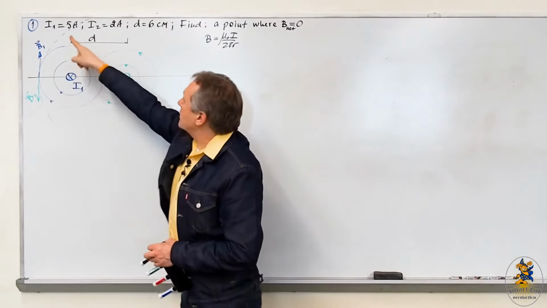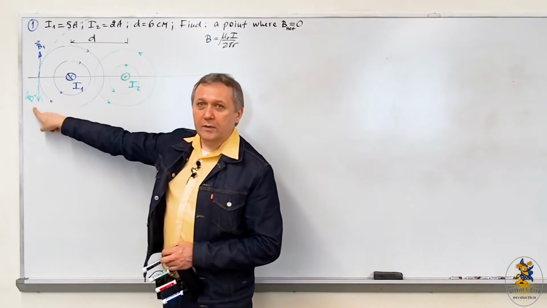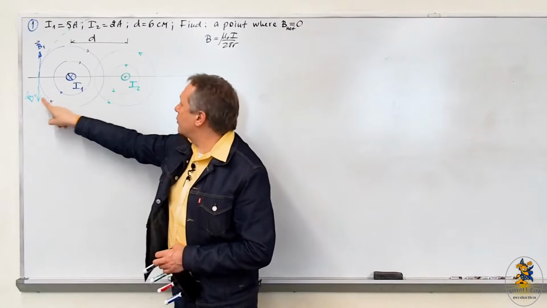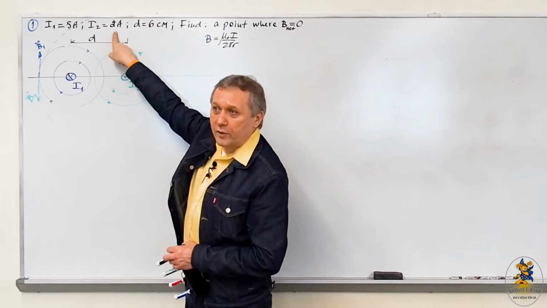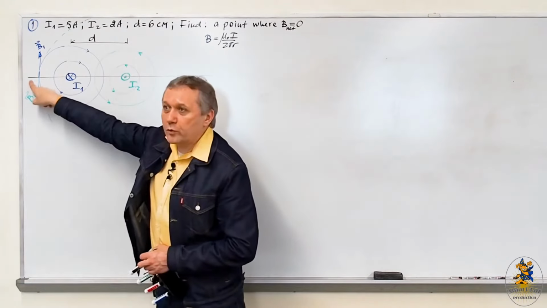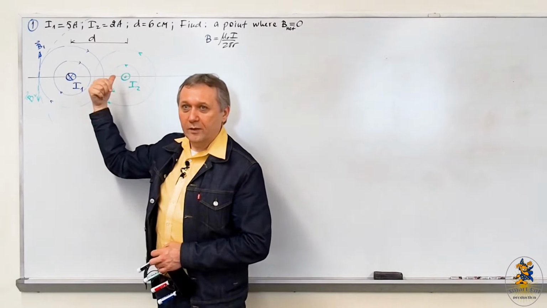Since current I1 is larger, B1 is going to be stronger than B2 all the time. B2 is created by I2, and the value of that current is smaller. And the distance to those points is all the time going to be larger for the second current.